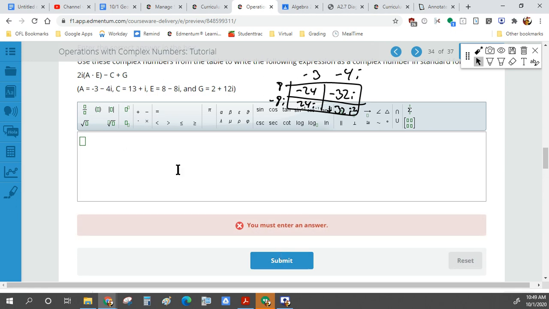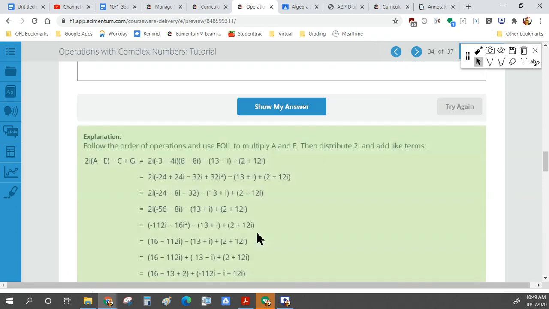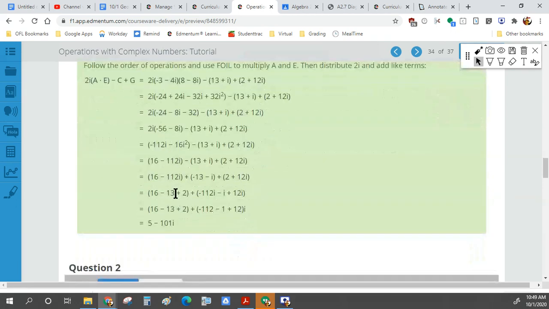Well, must enter an answer. So I did all that work, and apparently I forgot that all of these canceled out somehow. I don't know how. Oh, they regrouped them. I don't know how I messed up on that 5. Did anyone catch how I messed up on that 5? Looks like I missed something.